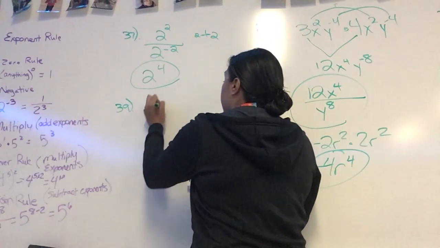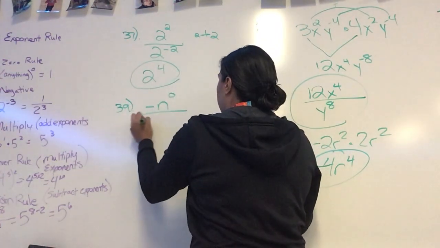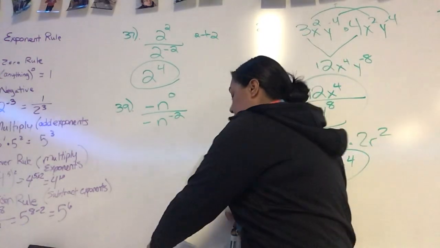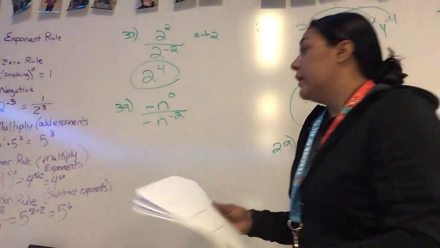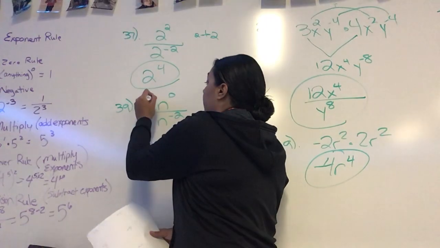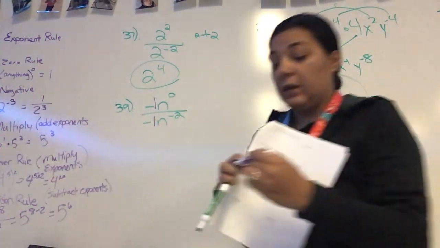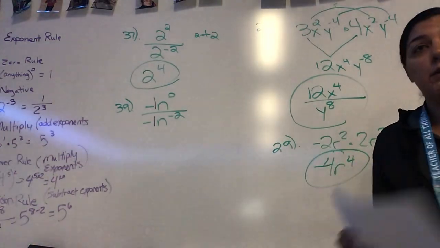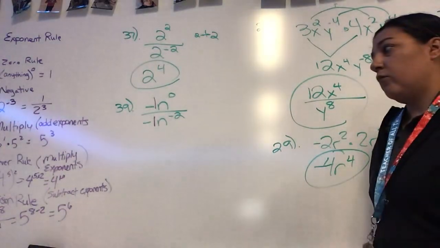Okay, 39, I got negative n to the 0 over negative n to the negative 2. Okay, what I would say to do is to put a 1 in front here. Okay, what is negative 1 divided by negative 1? 1.